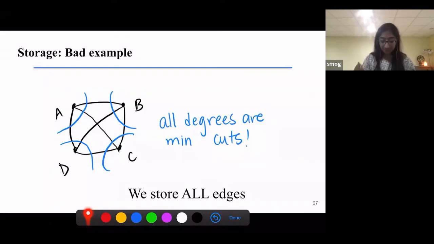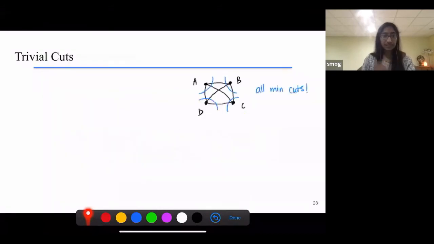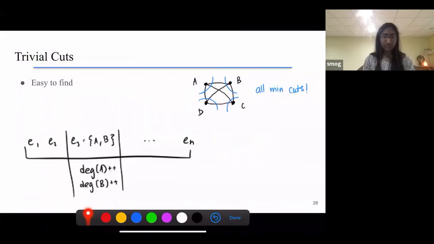But notice that we can solve this a little because all min cuts of a clique are trivial min cuts. And there's something special about trivial min cuts. The thing is that they're easy to find. What do I mean? I mean that the size of any trivial min cut is just the degree of that vertex that is isolated, right? So to find the degree of any vertex or all vertices, as you're getting the stream, you can just add 1 to the degree of each vertex that the edge you're getting is incident upon, right?